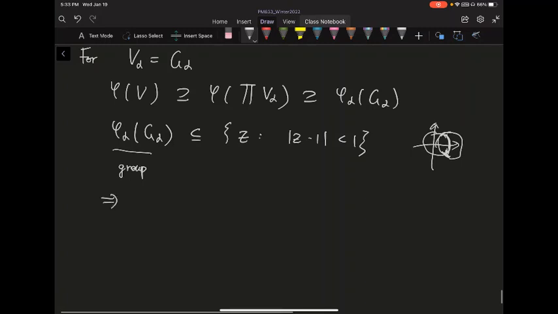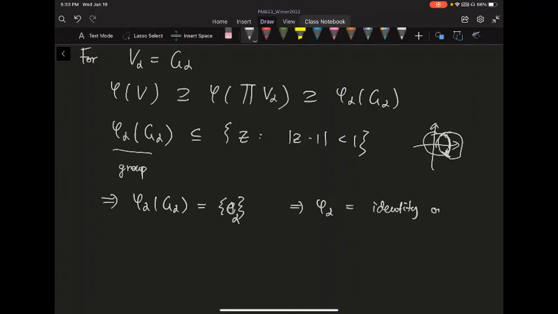So that implies the phi alpha of G alpha is just going to be equal to the identity, or let's say identity alpha. That basically shows that the phi alpha is equal to the identity character on G alpha. This is true except for finitely many alpha. So we prove that the phi alpha is in the direct sum. This finishes the proof.